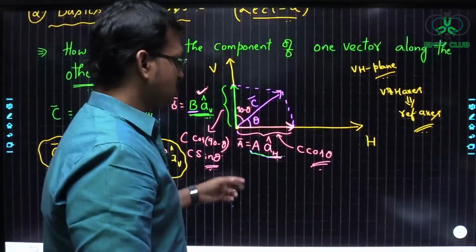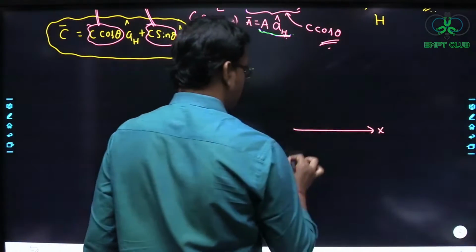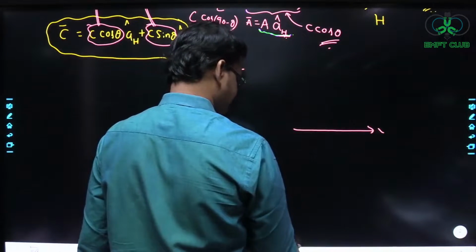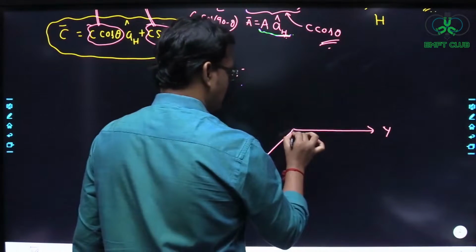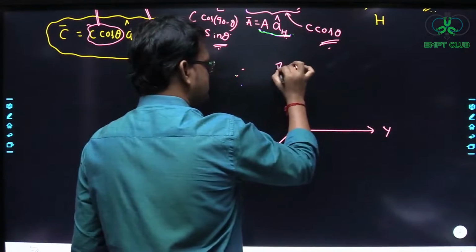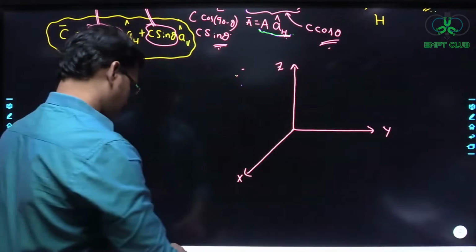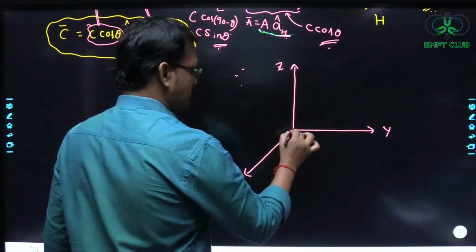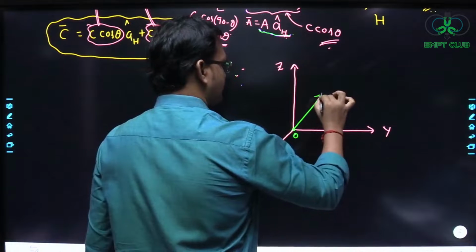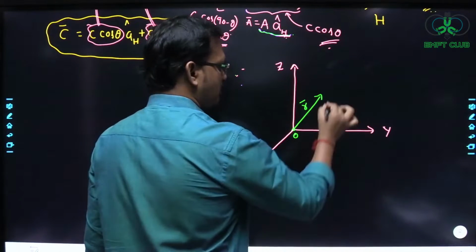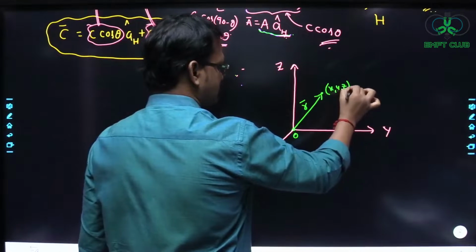So suppose I consider 3 coordinate axes. Let us say this is the x axis and y axis, and this is the z axis. So I have considered 3 reference axes, right? Now suppose this is the origin, and I consider a vector r bar, and this point is, let us say, x comma y comma z.